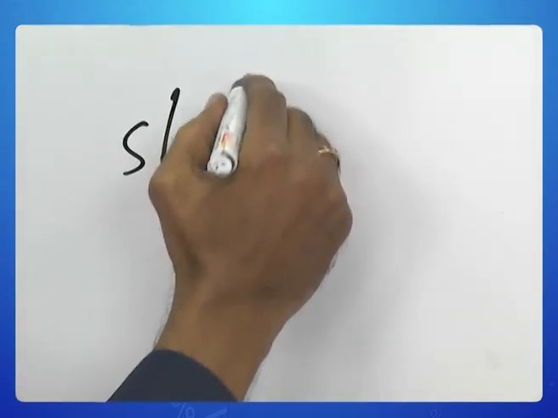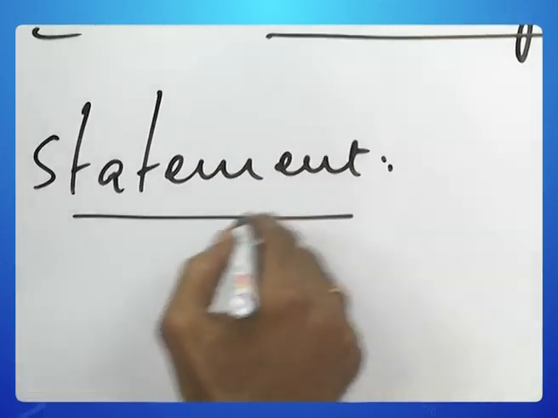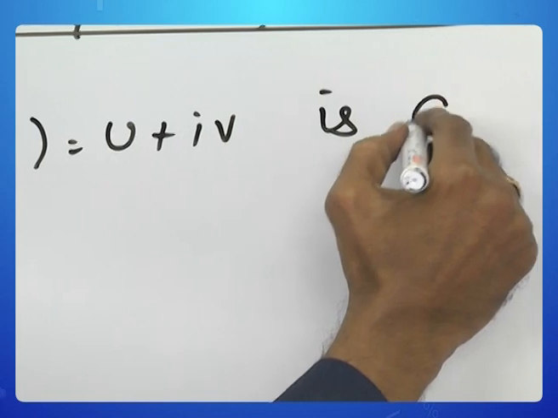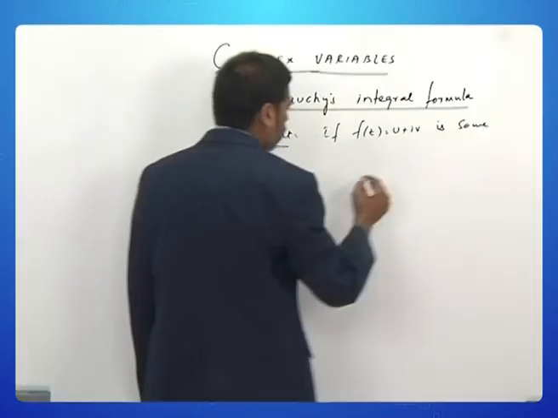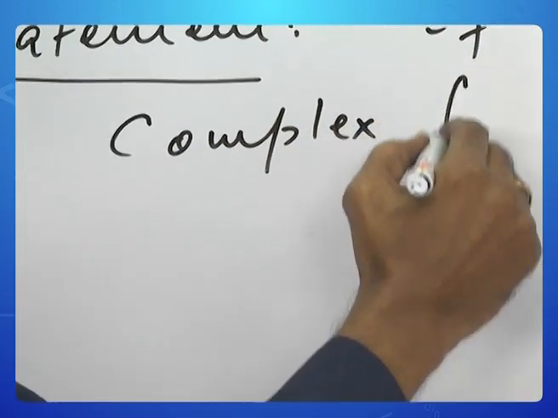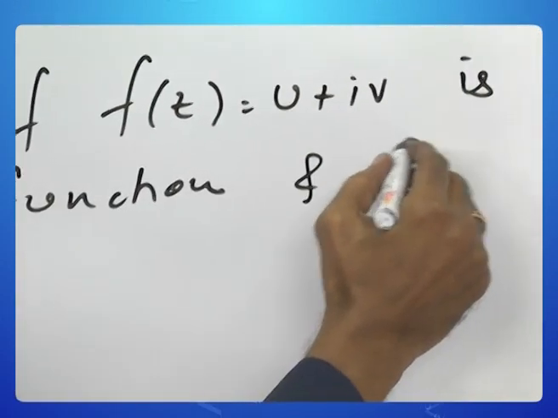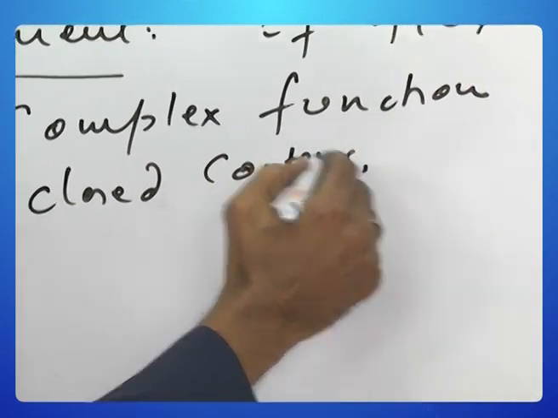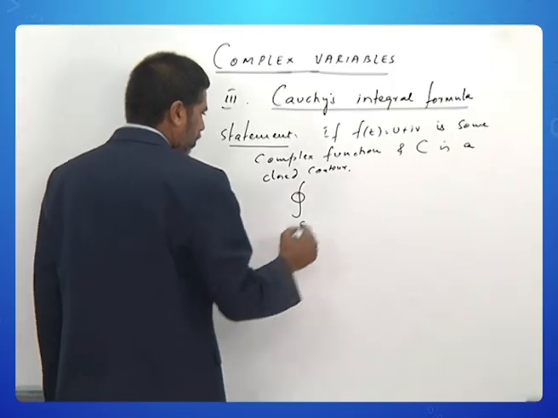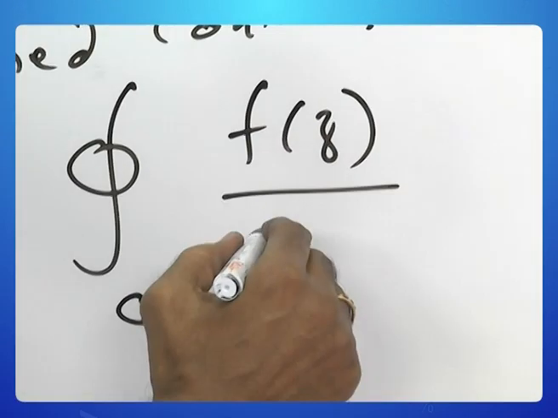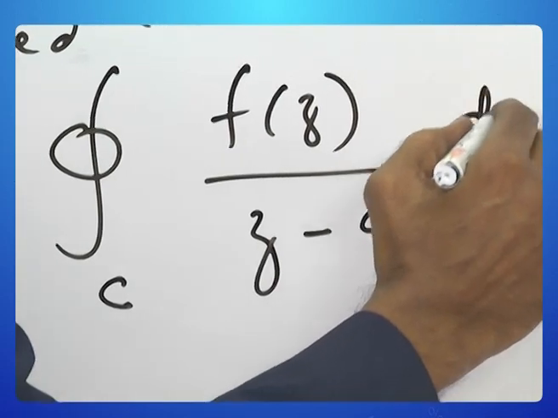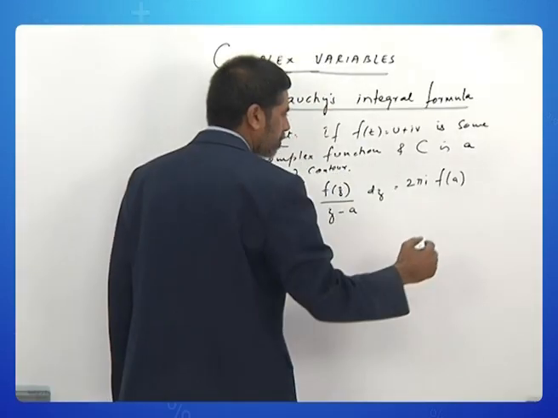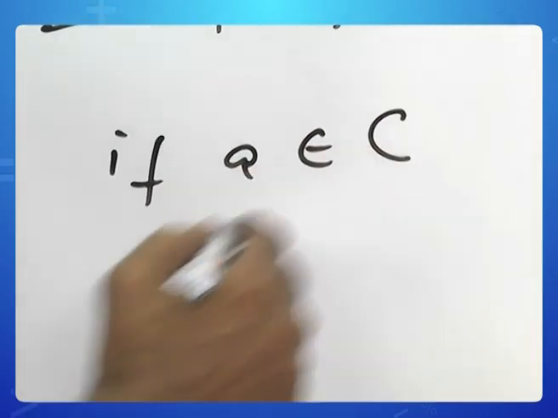The statement is: if f of z is equal to u plus iv is some complex function and C is a closed contour, integral over C of f of z by z minus a dz is equal to 2 pi i times f of a, if a is inside the contour.